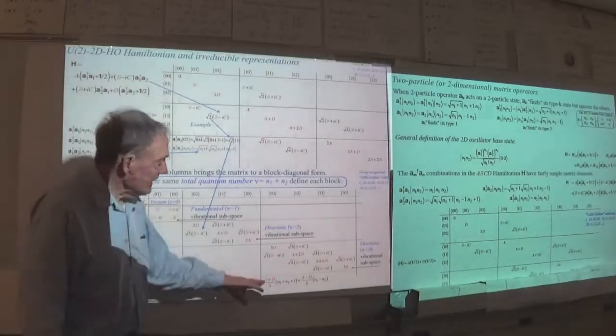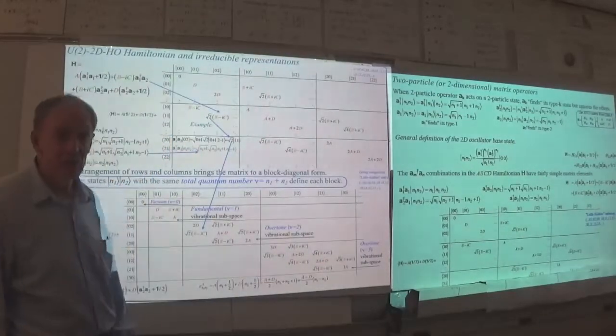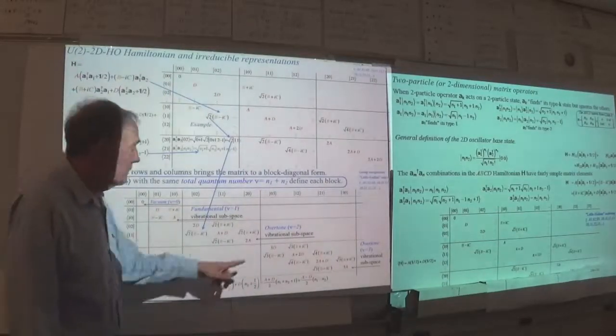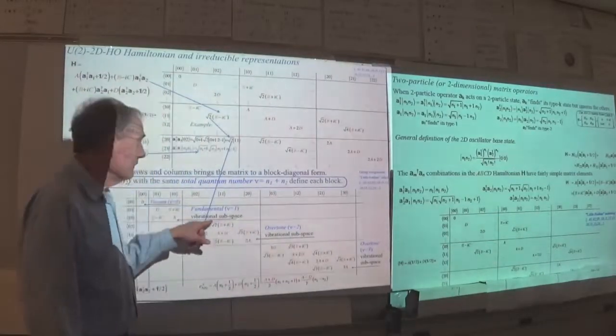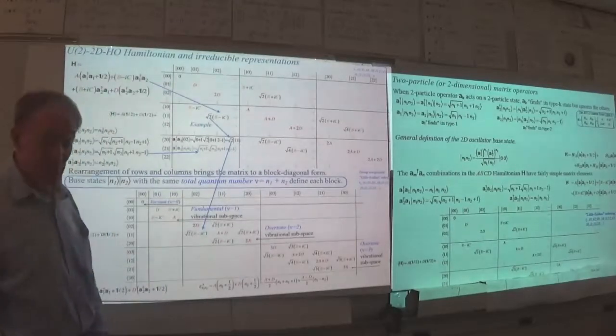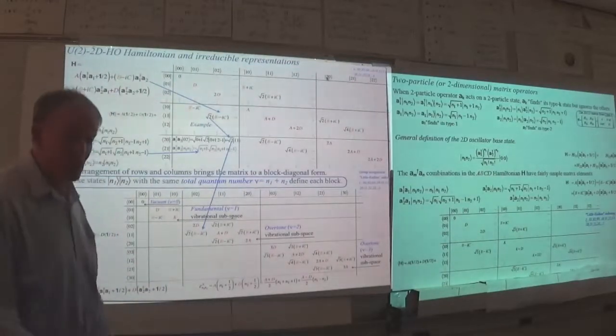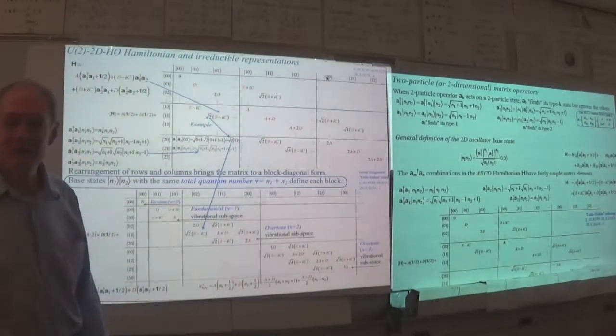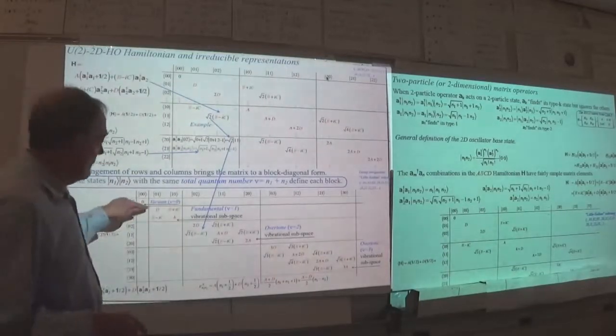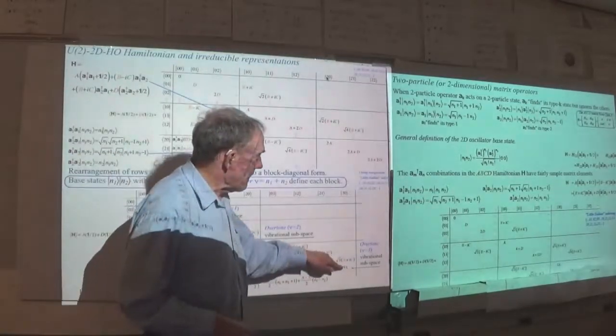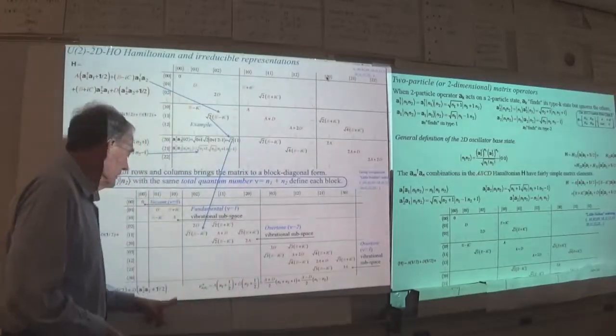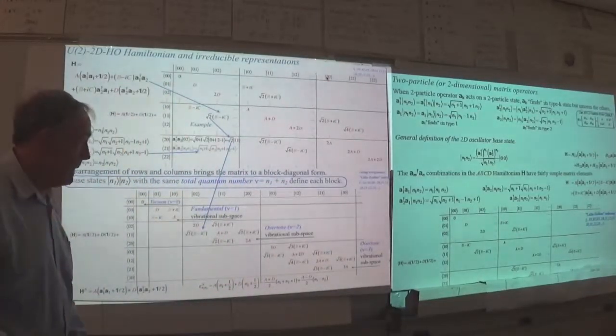If I only had A and D, then I wouldn't have any of the B and C stuff. If that's out of here, I'm just looking down the diagonal. And so there's a formula for the diagonal case right there.